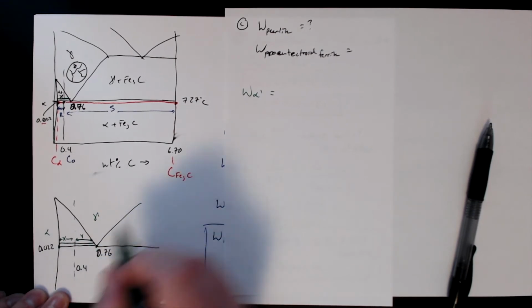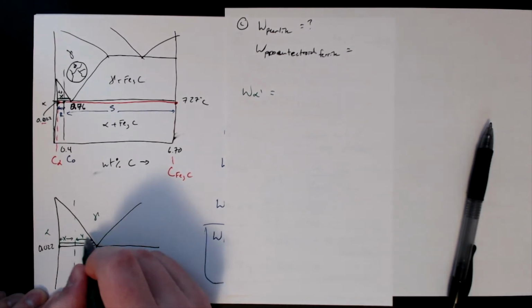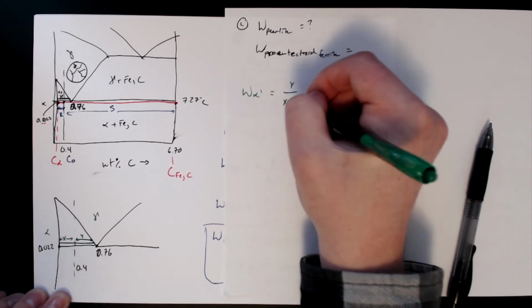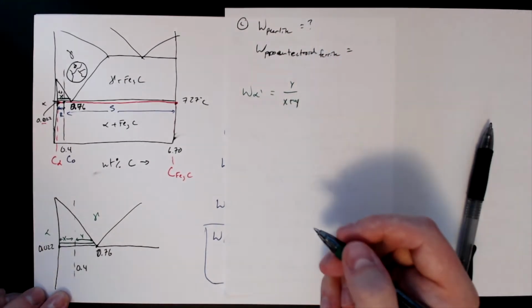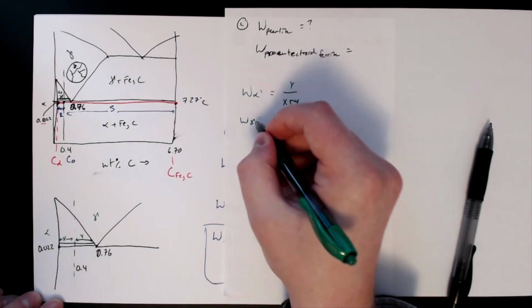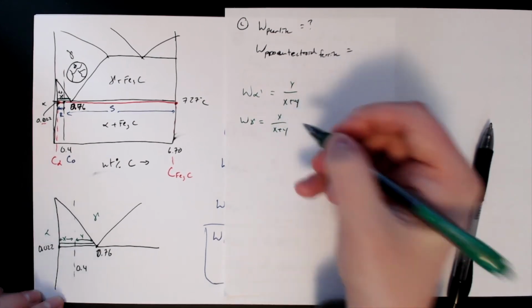And so if I want to get the amount of alpha, which is on this side, I'm going to take the opposite. So I'm going to look at Y. That means Y over X plus Y. And then the remainder, which would be gamma, would be X over X plus Y, right?